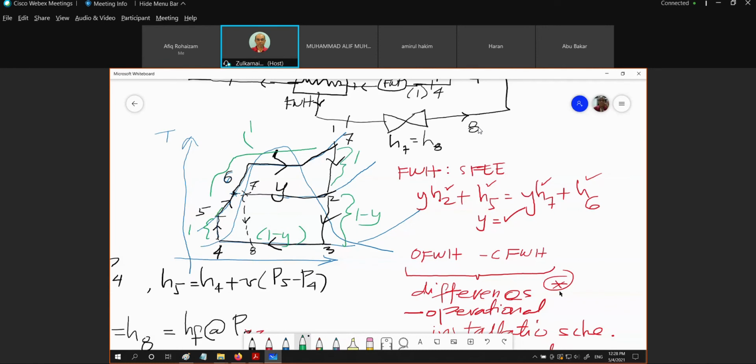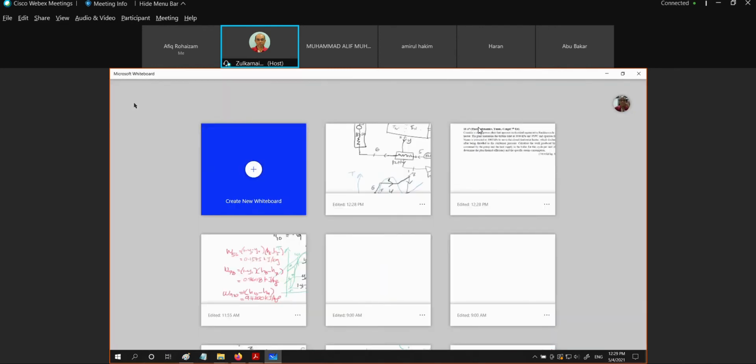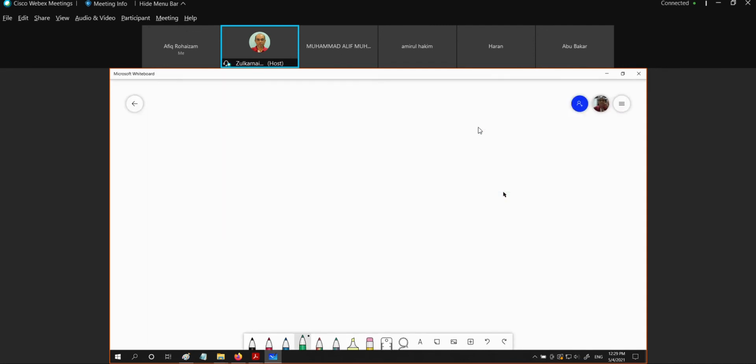So as far as the flow rate is concerned, there is a fraction flowing in each component. That will be taken care of when we calculate the work, the net work, the work on the turbine, and so on.